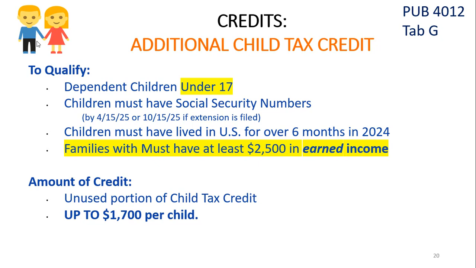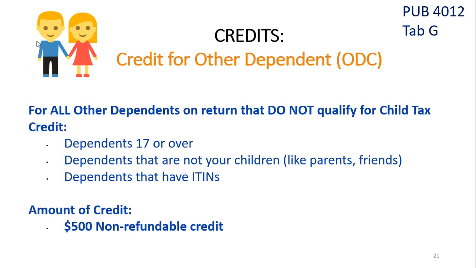So it's pretty nice. Then there's the credit for other dependents. So this is for all the dependents who qualified on the right-hand side. Those are your qualifying relatives, plus anybody who qualified on the left-hand side who is 17 or doesn't have a social.